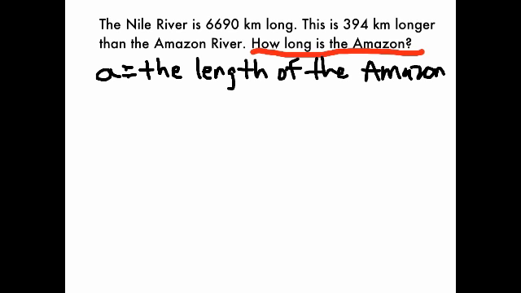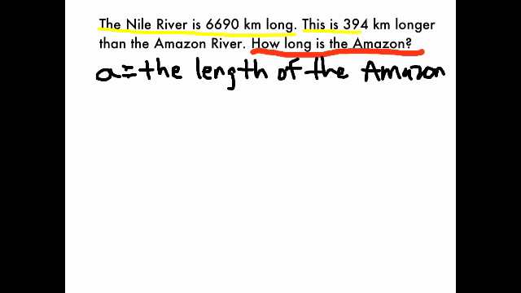So just like we did in the previous one, we're going to now break apart the word problem. The first thing we're told is that the Nile is 6,690 kilometers long. That's not really useful by itself, but we're going to come back to that in just a moment. This is the part that's really interesting. Here is where our equation is built.